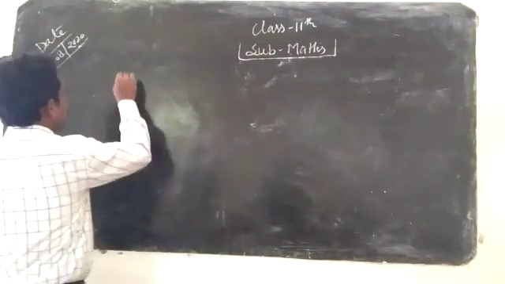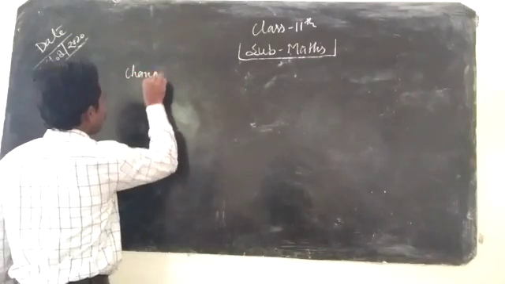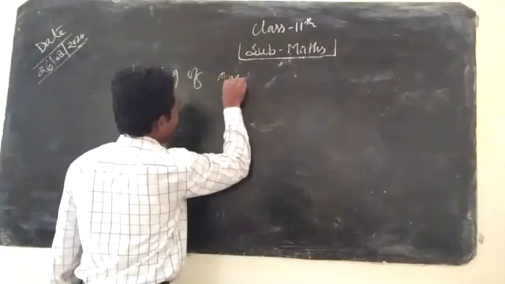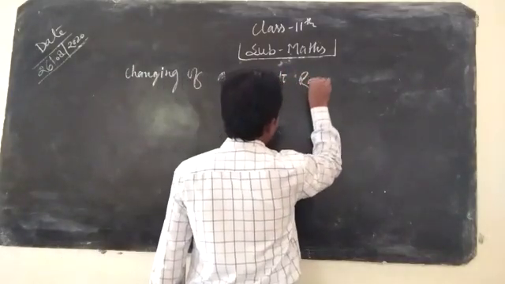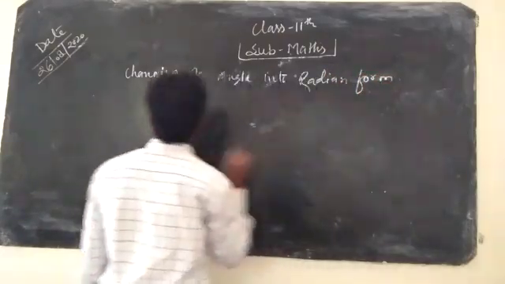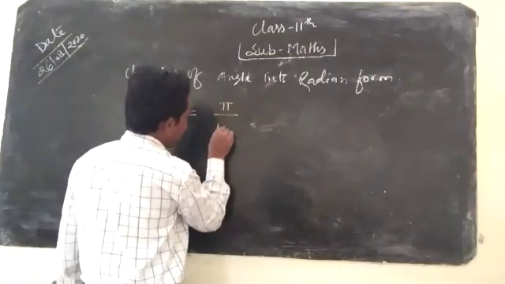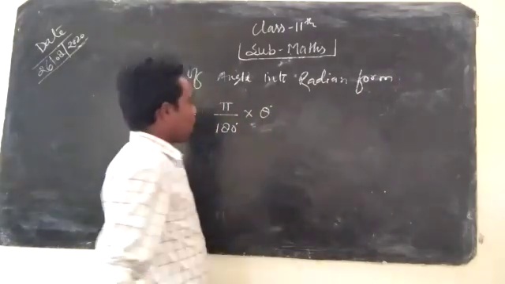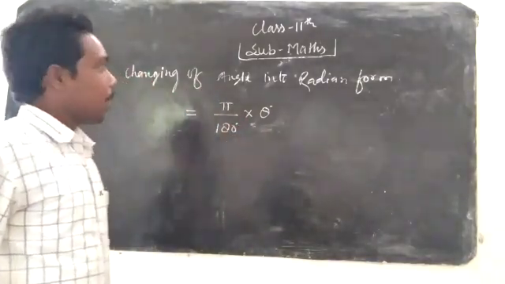So changing of theta, means angle, into radian form is equal to pi divided by 180 into the given theta. The angle given, this is the changing form of angle to radian.